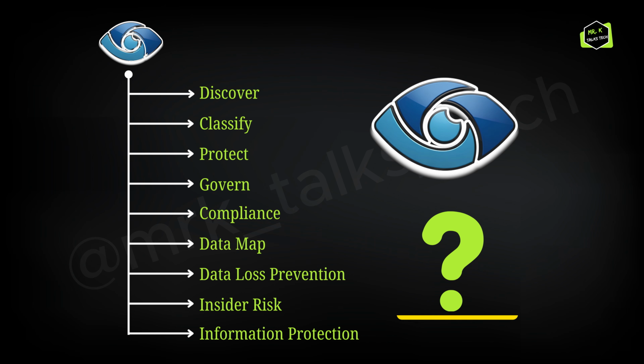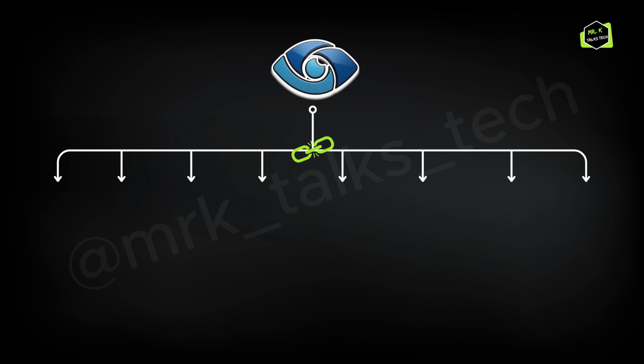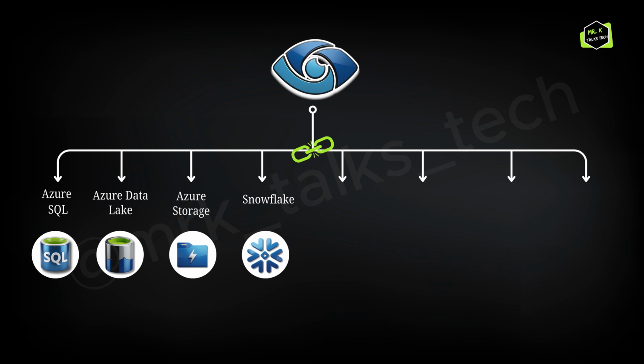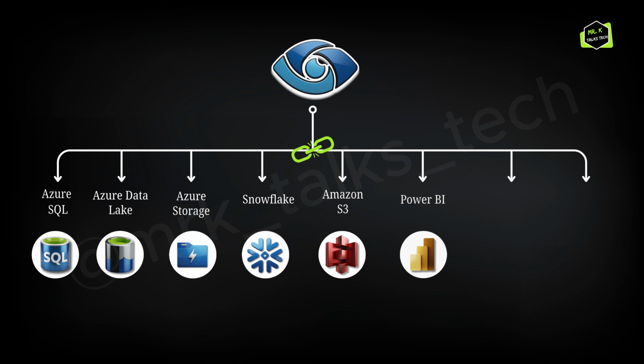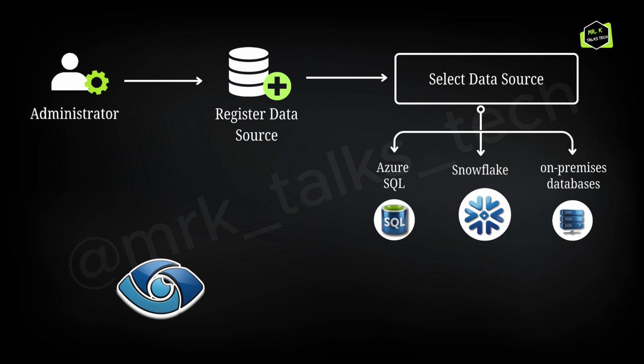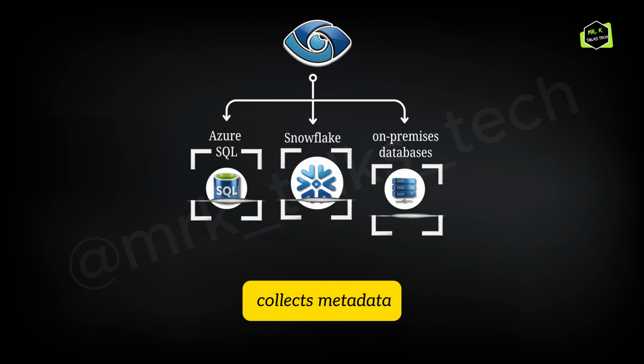So how does Purview actually do all of this? It begins by connecting to supported data sources such as Azure SQL, Azure Data Lake, Azure Storage, Snowflake, Amazon S3, Power BI, Microsoft Fabric, and on-premises databases. An administrator registers the data source and gives Purview permission to scan it. Purview then collects metadata.